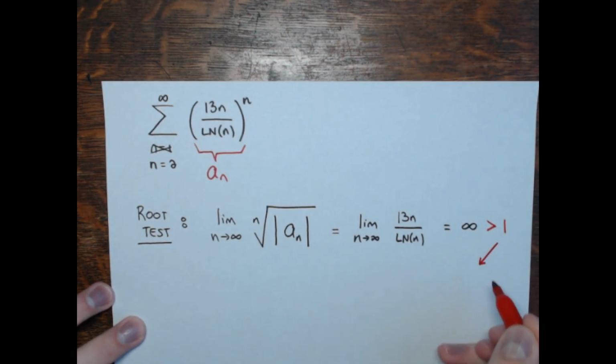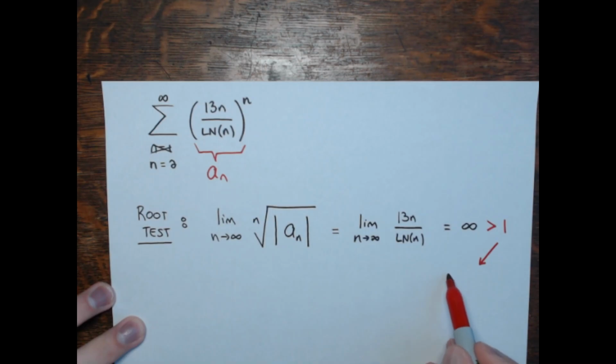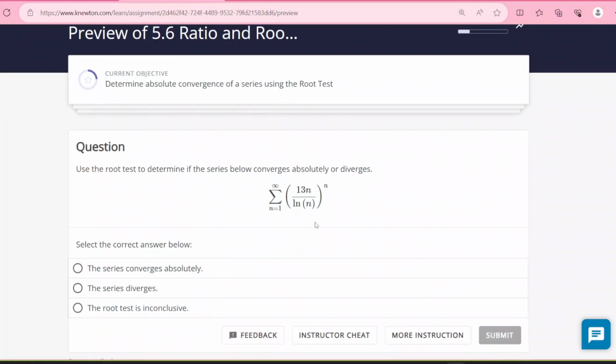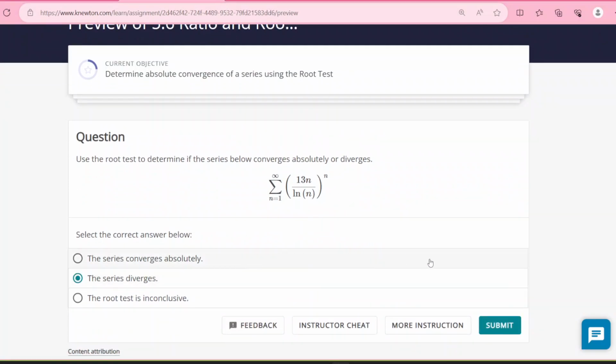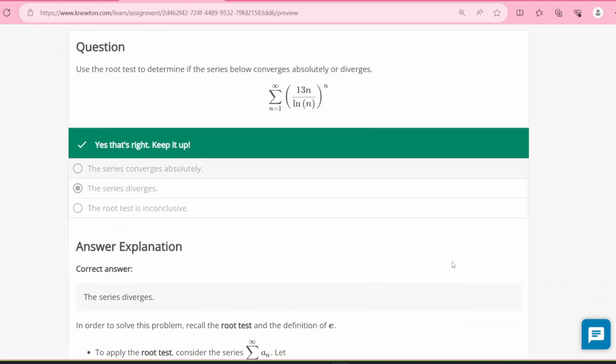Going back to my statement of the root test earlier, when this limit is greater than 1, the series will diverge. So back here, the series diverges by the root test.